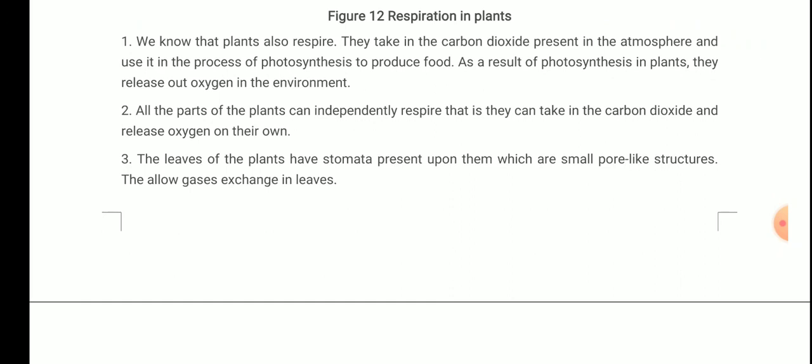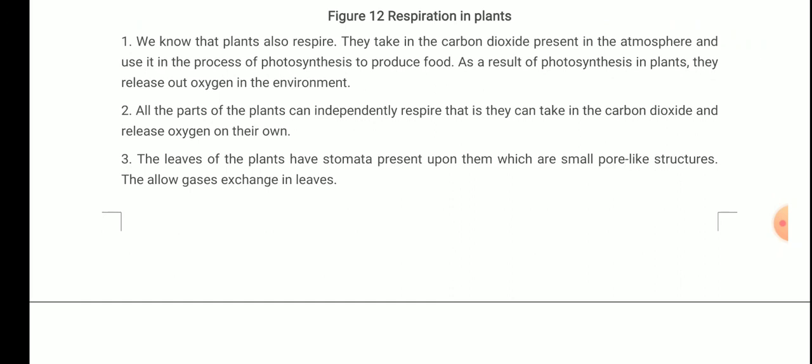Now we know that plants also respire. They take in the carbon dioxide present in the atmosphere and use it in the process of photosynthesis to produce food. As a result of photosynthesis in plants, they release oxygen into the environment. So we know they respire, and they use the carbon dioxide, but it does not mean that they do not need oxygen.